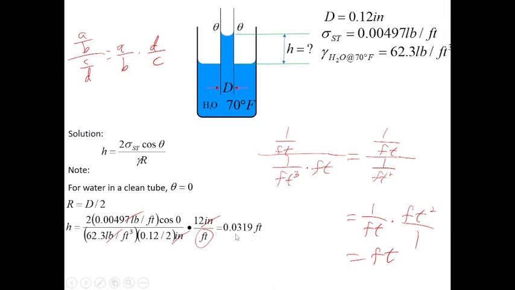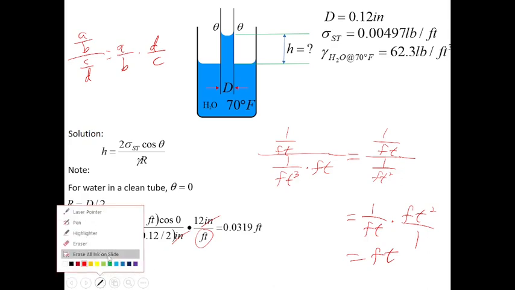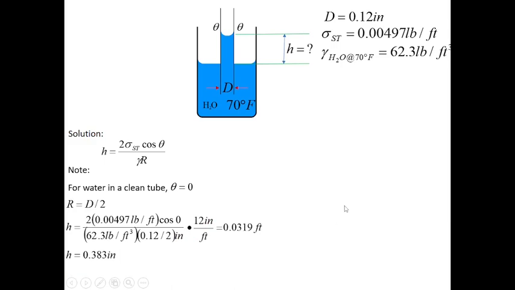We have our answer of 0.0319 foot. For every foot, 12 inches, so we multiply this by 12 and get 0.383 inch. So that is our answer, the capillary rise of water.